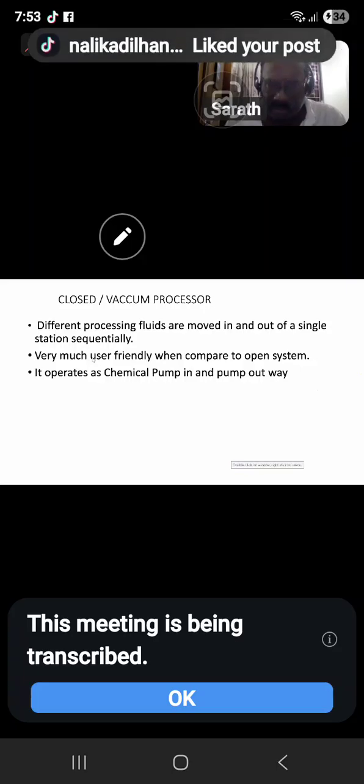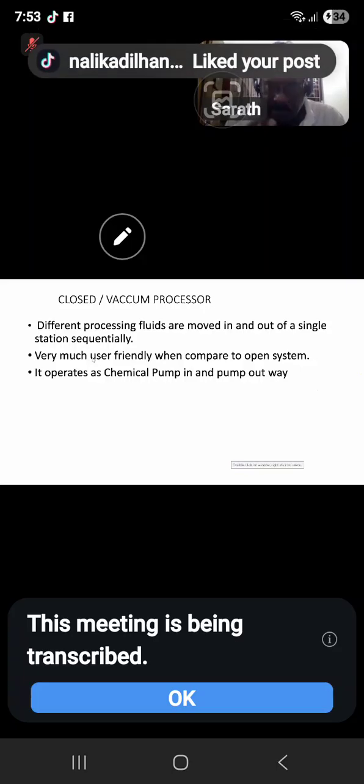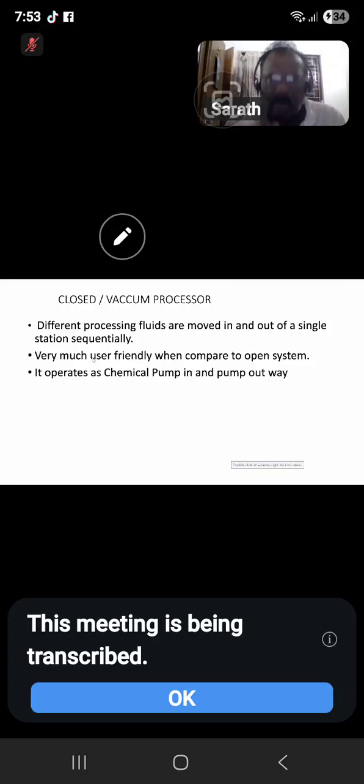After 1 or 2 hours, the fluid is pumped out. Then the second solution is pumped in, and after 1 hour, the second solution is pumped out. Like that, there is a pump in and pump out system. The samples are kept in a constant, stationary place. So that is the main difference.